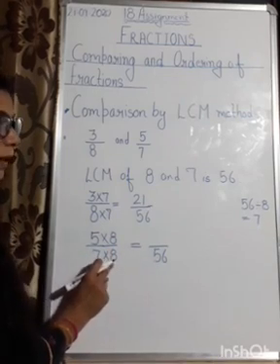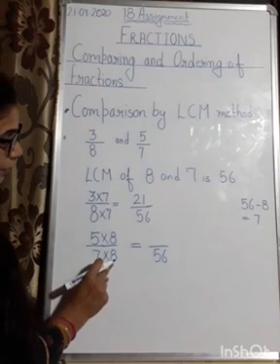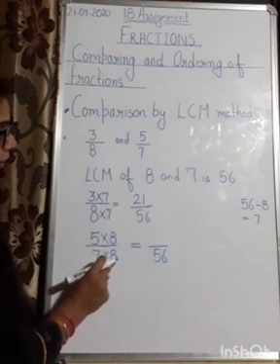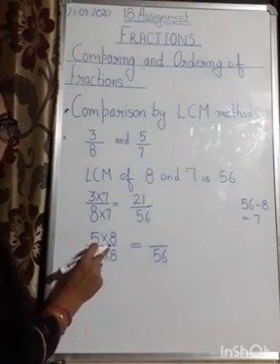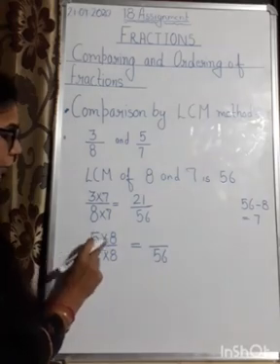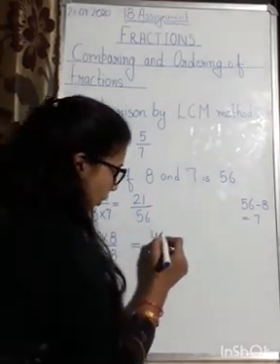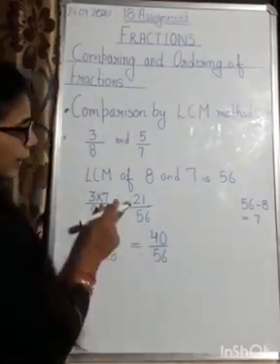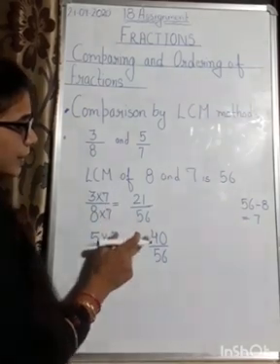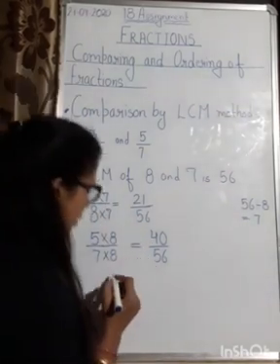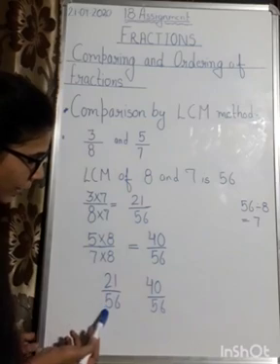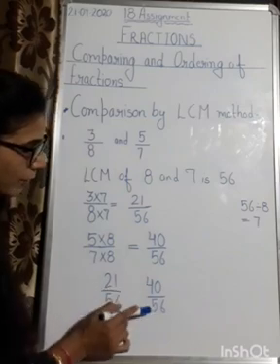If you are multiplying the denominator 7 with 8, you have to multiply the numerator with the same number. Now 5 8s are 40. So the two equivalent fractions you are getting are 21 upon 56 and 40 upon 56.